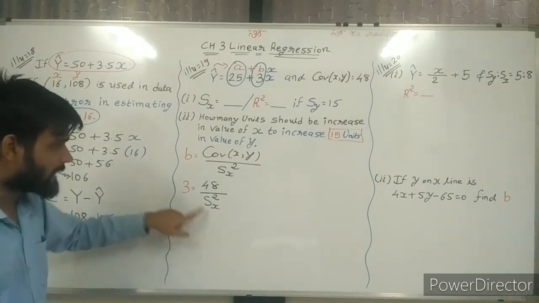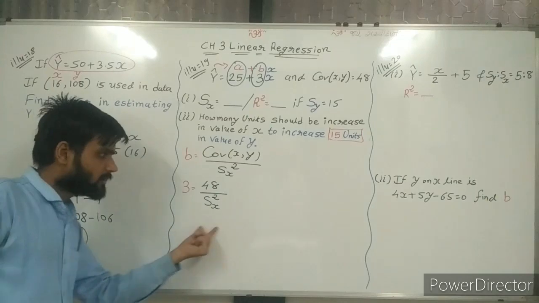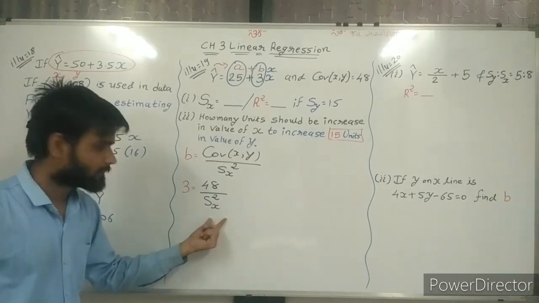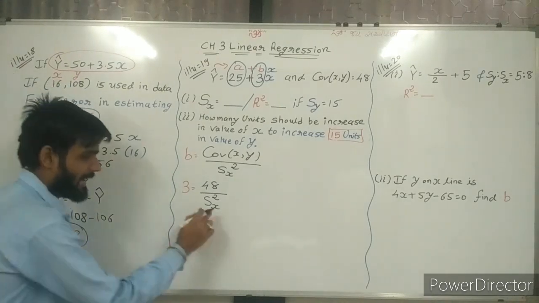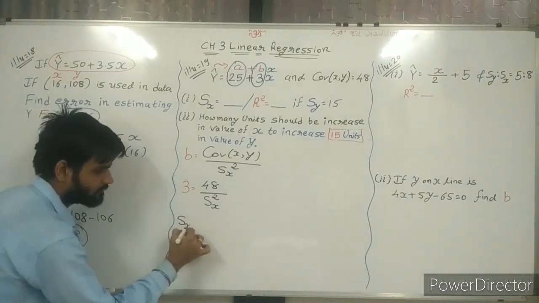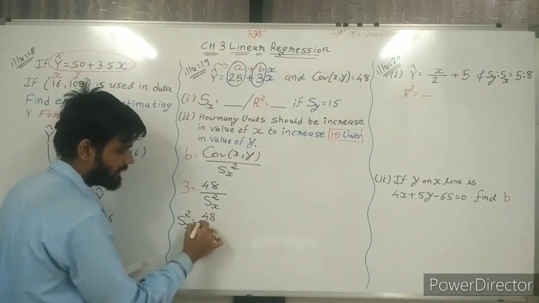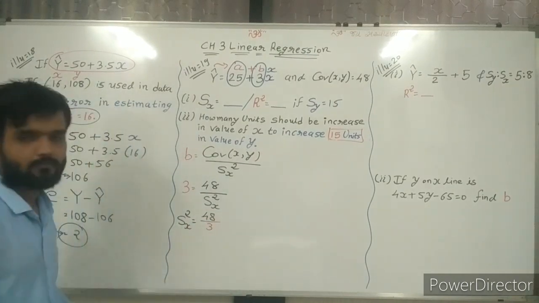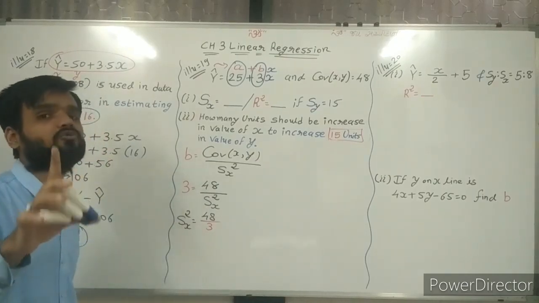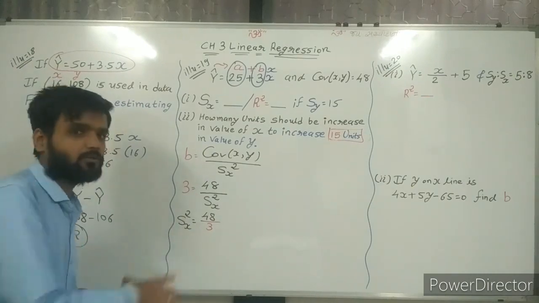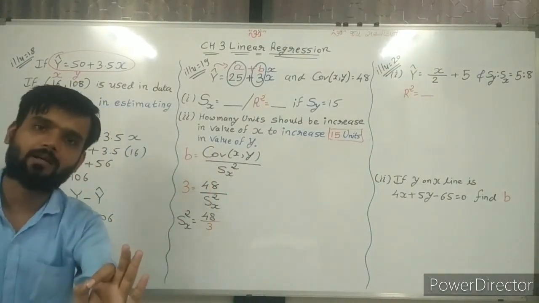Change the side of Sx square, since it is in multiplication, and change the side of 3, which is in multiplication, so it becomes division. Simple. So Sx square is equal to 48 divided by 3, and I am confident this must not be a doubt. If this is a doubt, it means your 7th, 8th, 9th standard is very poor.